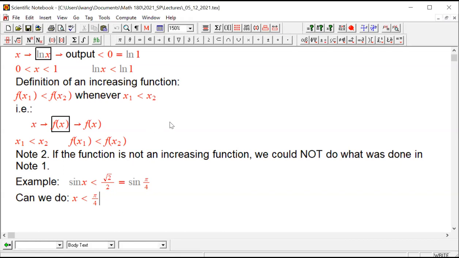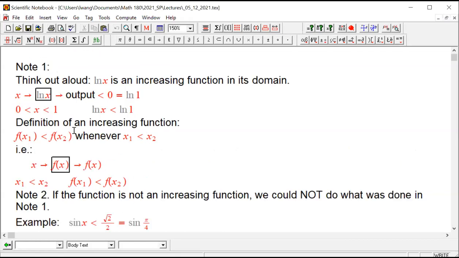So you understand, we can go from output and draw conclusions about input because it's an increasing function in the ln x case. In the exponential function case, that's okay too, but it depends on which exponential function.